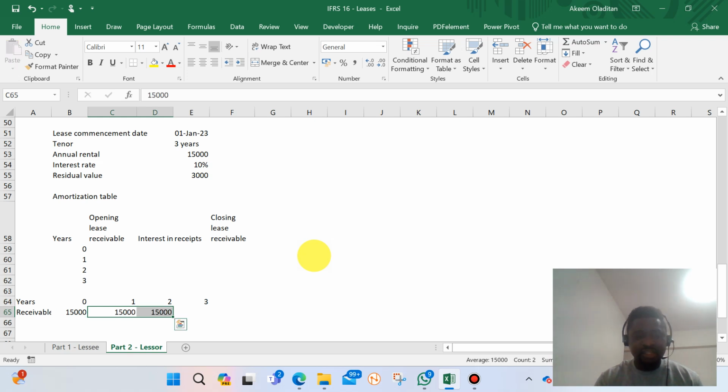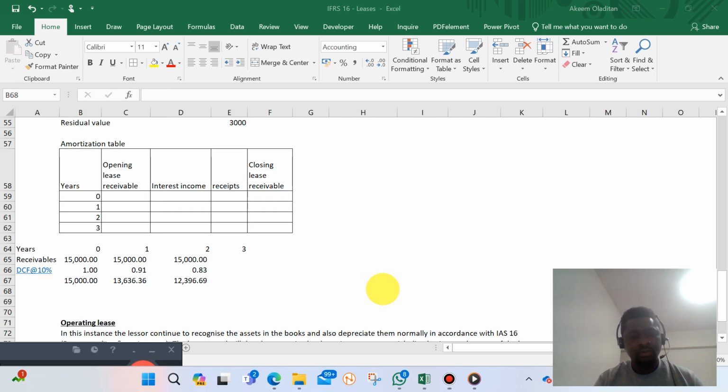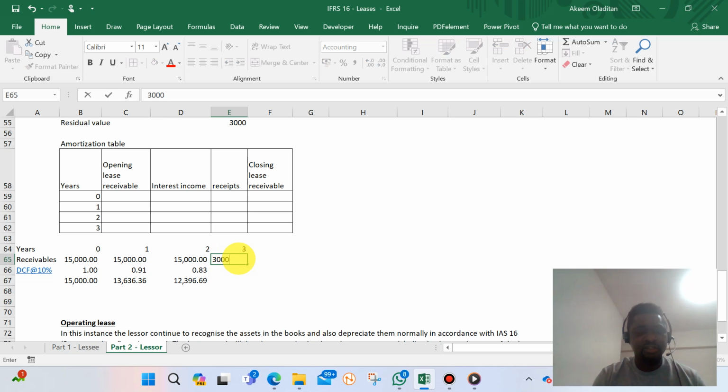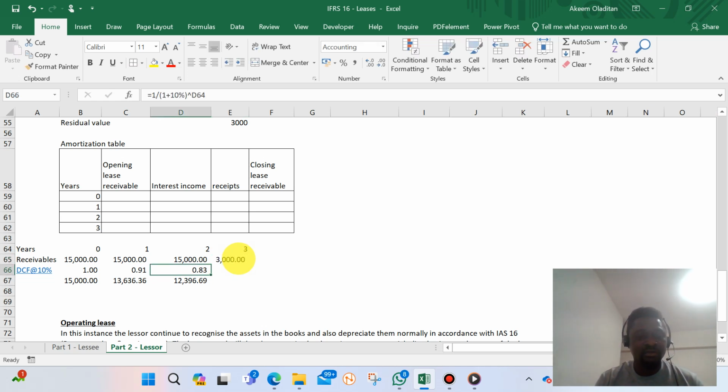And don't forget that 15,000 is only received 3 times. So for the first 3 years, 15,000 receivable, then the last year will be the residual value, I mean the scrap value that was given in the question. So let me copy that down here.